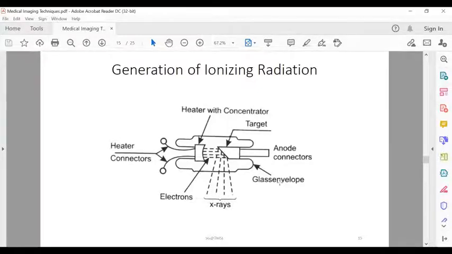The intensity of X-rays depends on the current through the tube. The wavelength of the X-ray depends on the target material and the velocity of the electrons hitting the target. X-ray equipment for diagnostic purposes uses a target voltage in the range of 30 to 100 kilovolt, whereas the current is in the range of several hundred milliamperes.